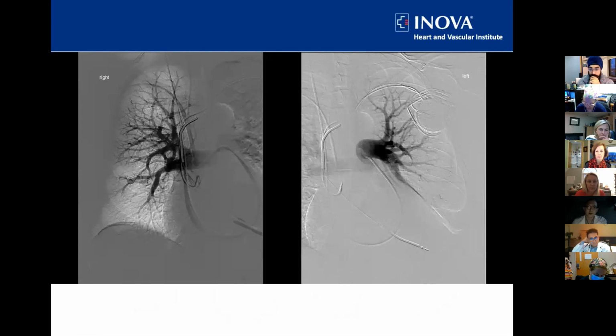And then when we did the angiograms, you can see that this branch should go down and come down in here, and it's missing this section down in here, and very similarly down here on the left side.